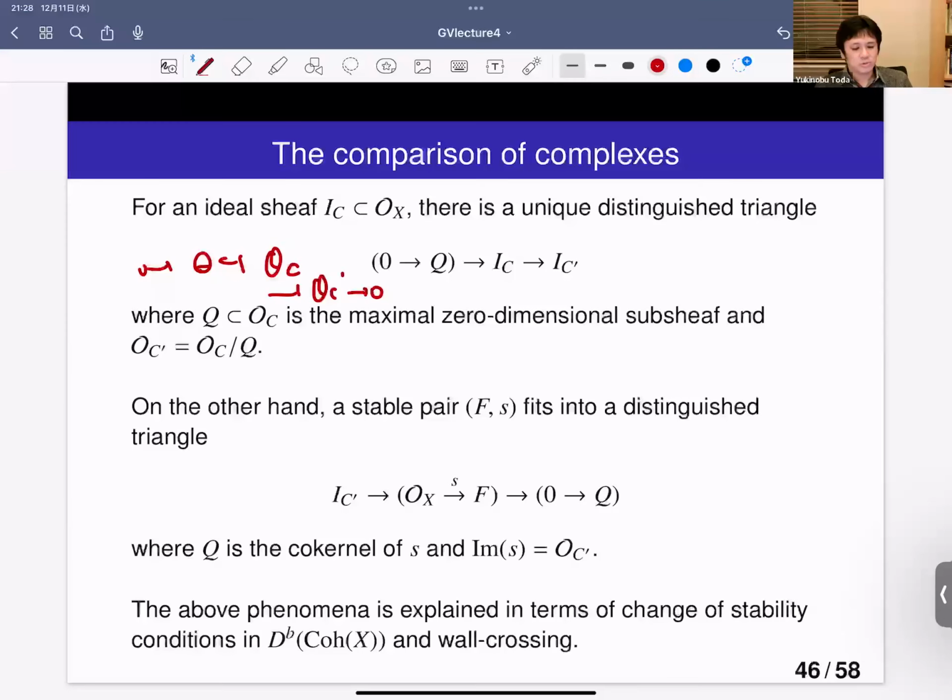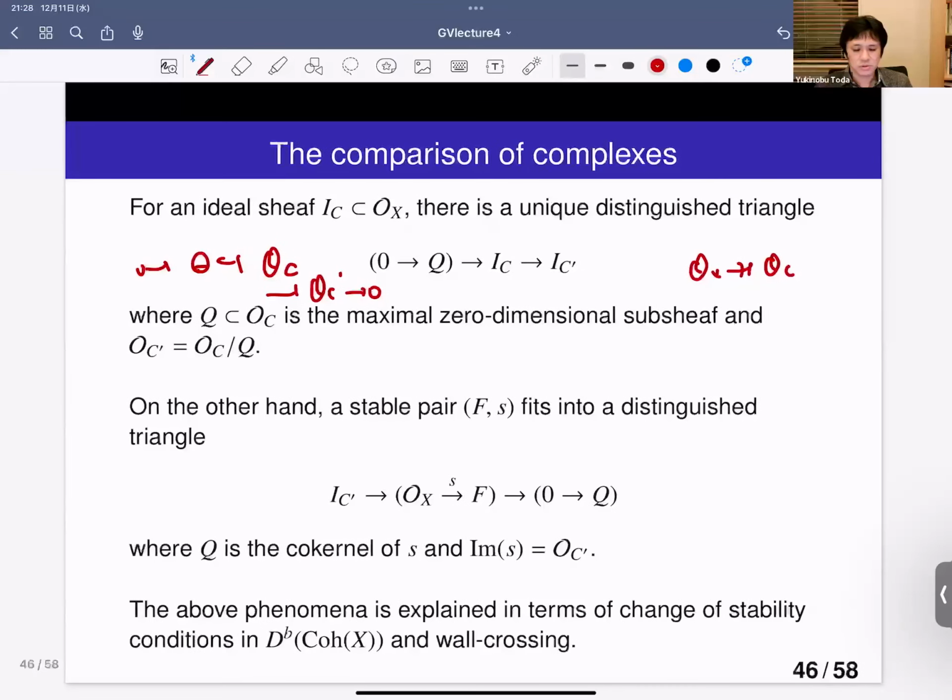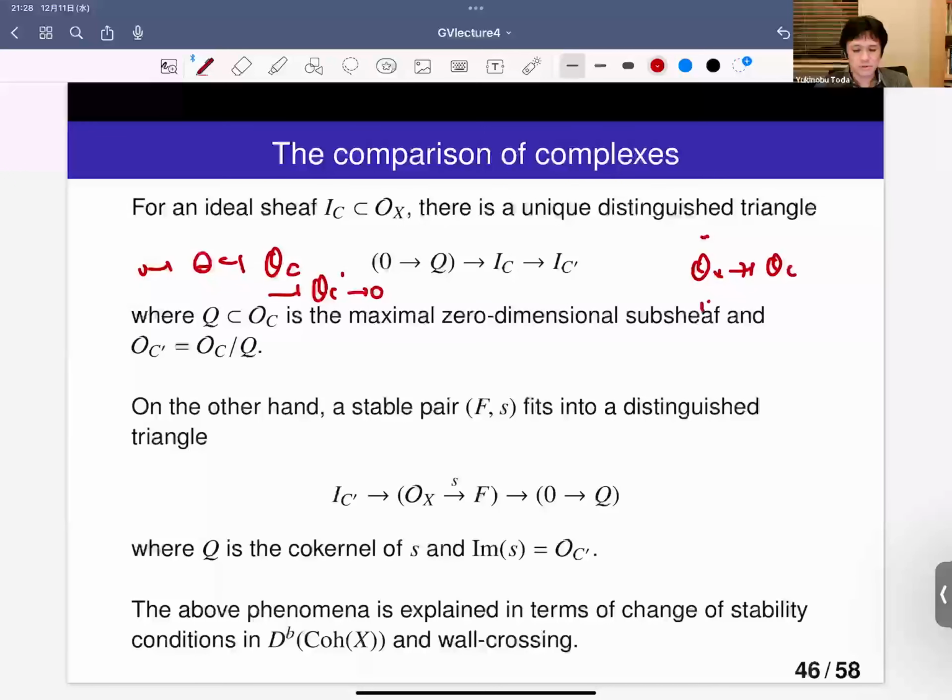So if you take Q to be the maximal zero-dimensional subsheaf, then we get this distinguished triangle. This is because we have this exact sequence of complexes.